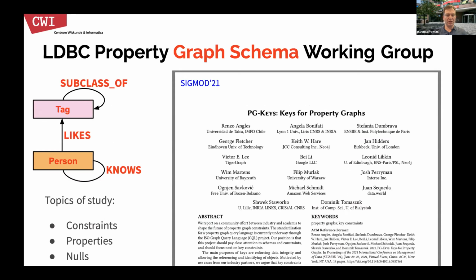In fact, one of the activities of the LDBC is researching what is a graph schema, how that would actually look. This is mostly an academic activity, but there is also strong commercial industry participation.